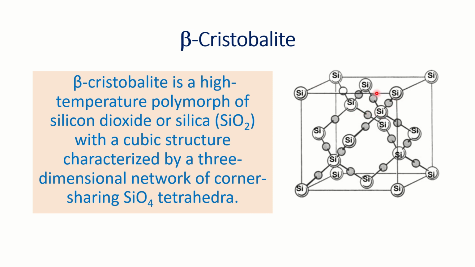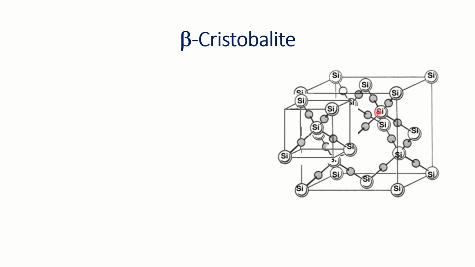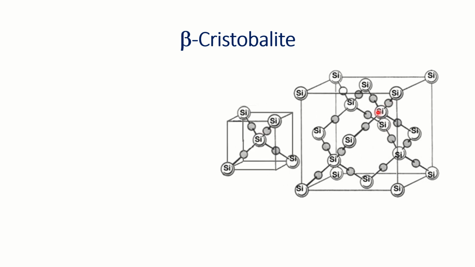So since there are eight tetrahedral holes or small cubelets, if the silicon atom is occupying them alternately, there should be four tetrahedral holes which are occupied by silicon atoms. Let us have a look at this picture. This is a small cubelet, or a tetrahedral hole formed by these four silicon atoms.